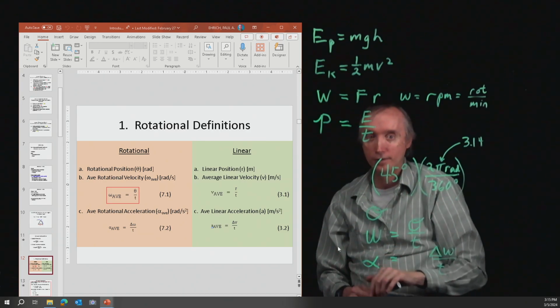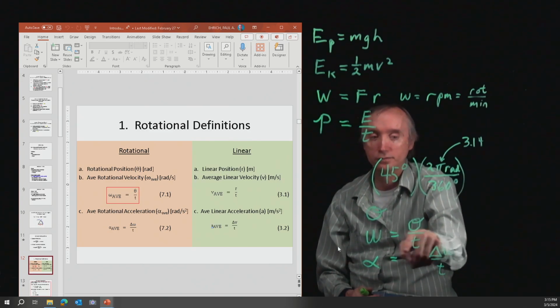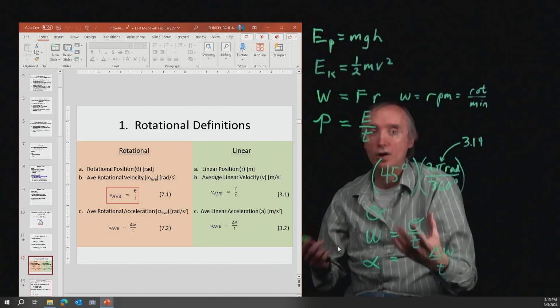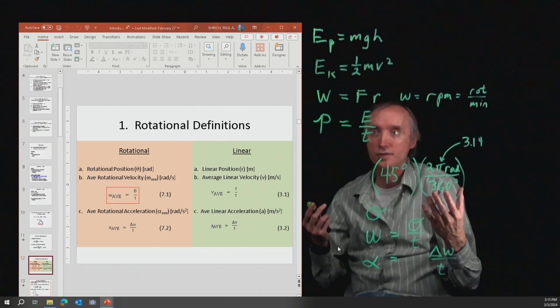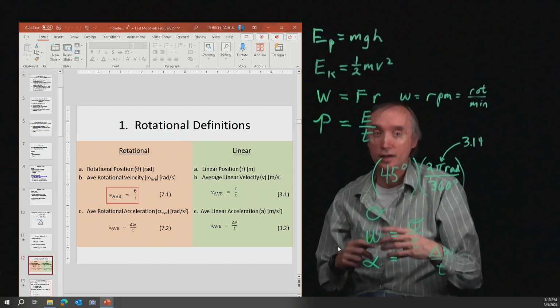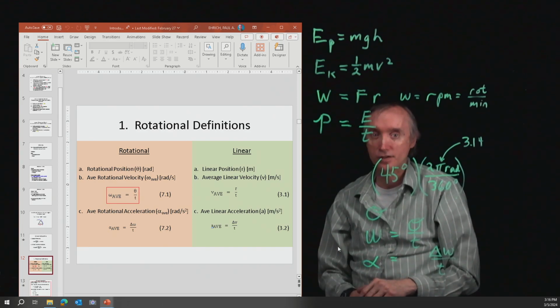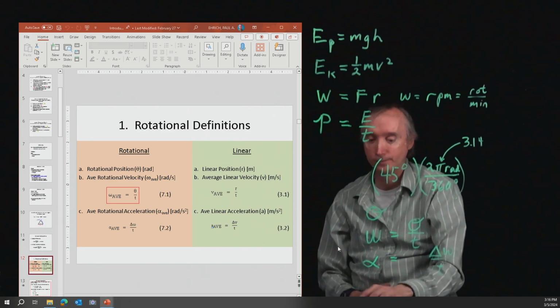I'm not going to have you do anything with this formula, but you should know what rotational acceleration means. If you're looking at something that is rotationally accelerating, what does it look like it's doing?